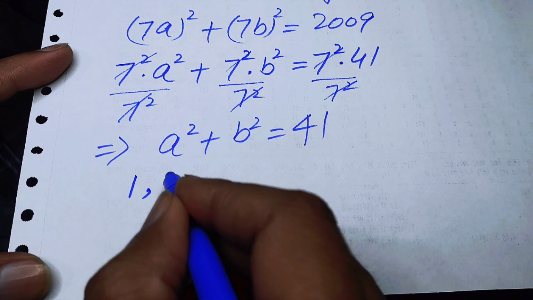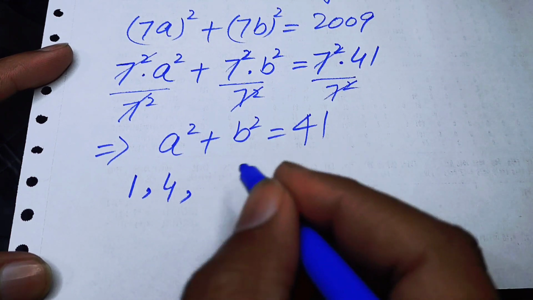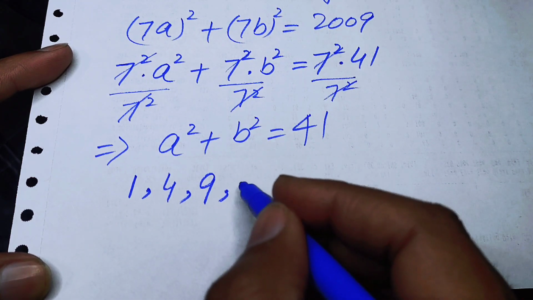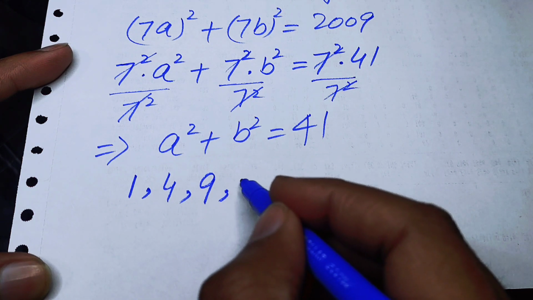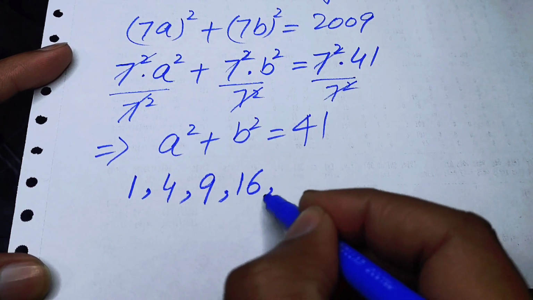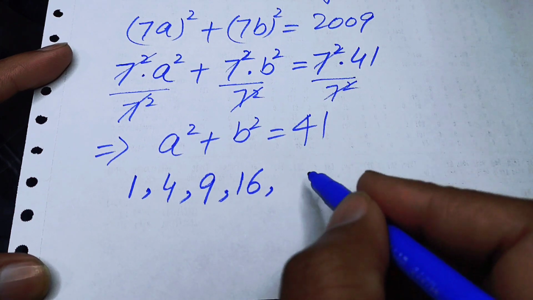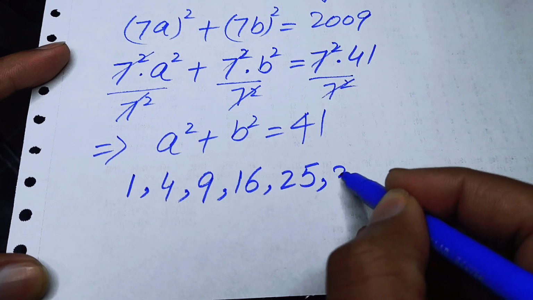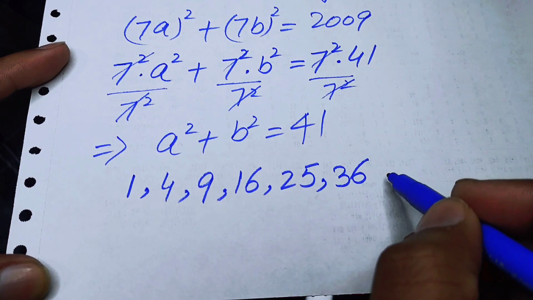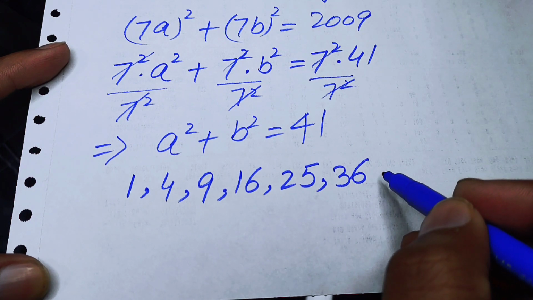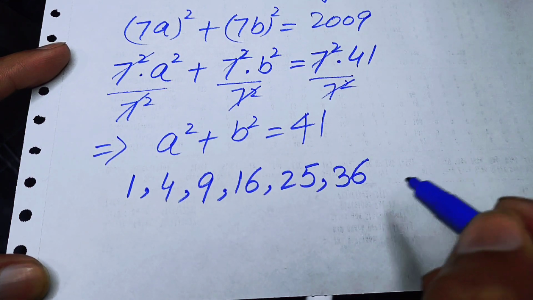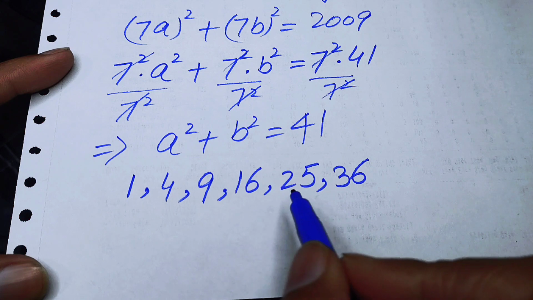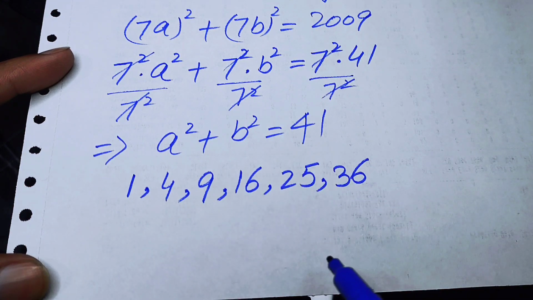Similarly, the square of 2 is 4, the square of 3 is 9, the square of 4 is 16, and the square of 5 is 25, all less than 41. The square of 6 is 36, which is less than 41, and the square of 7 is 49, which is greater than 41, so I cannot consider it. So these are the positive integers whose squares are less than 41.